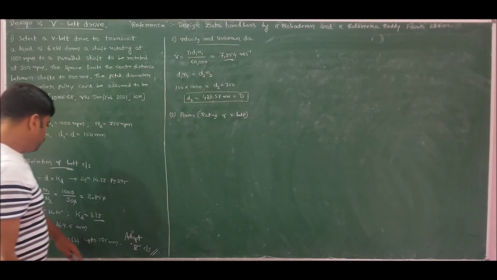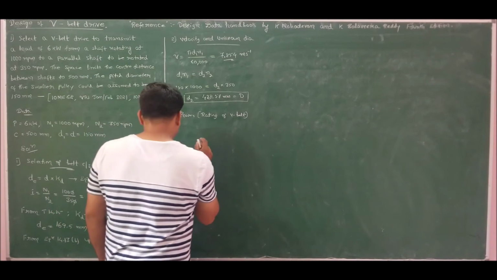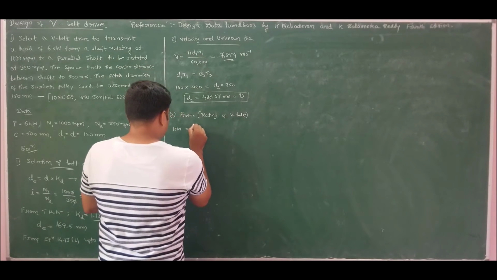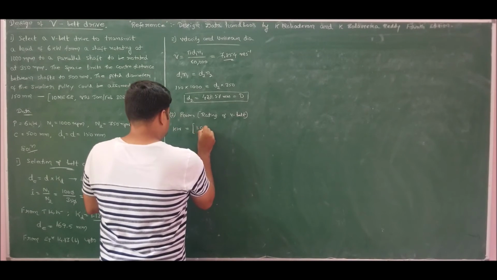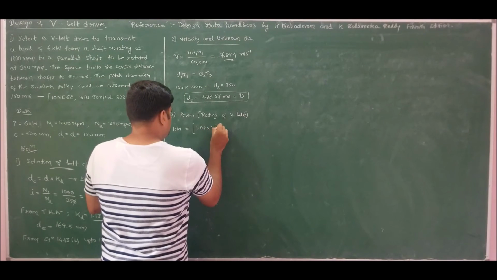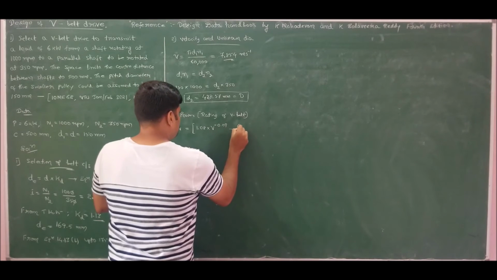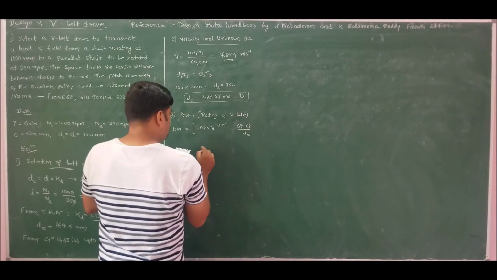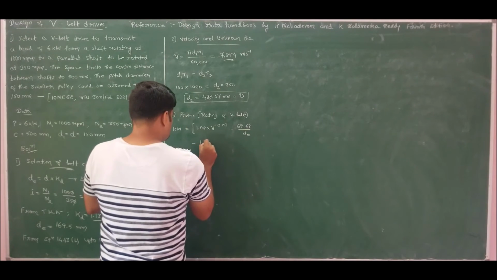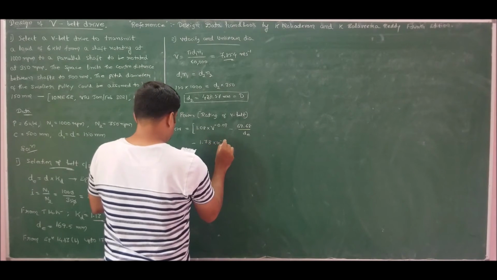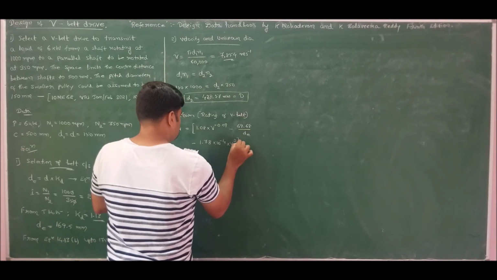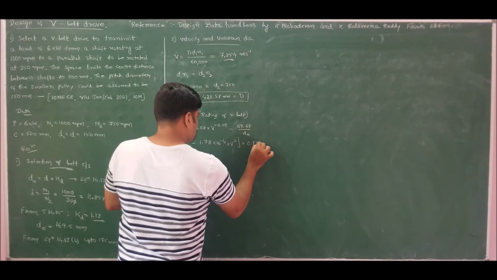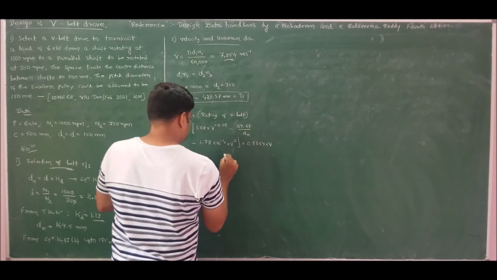We have already selected the B cross section, so from equation 14.13b the power rating is given by: power in kilowatts equals 1.08 into velocity to the power of minus 0.09, minus 69.68 divided by equivalent diameter, minus 1.78 into 10 to the power of minus 4 into V square, whole multiplied by 0.7355 into velocity.